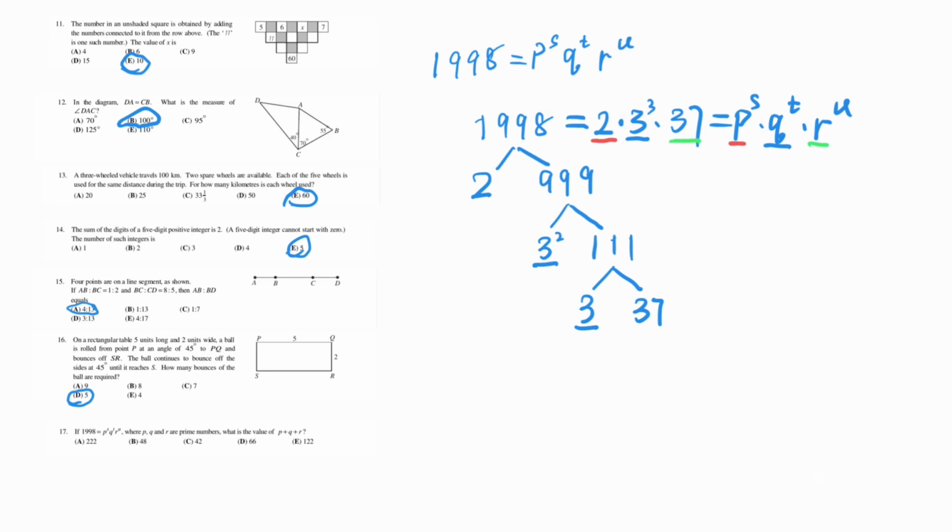Now P plus Q plus R equals 2 plus 3 plus 37. That's 42. So the answer is C.